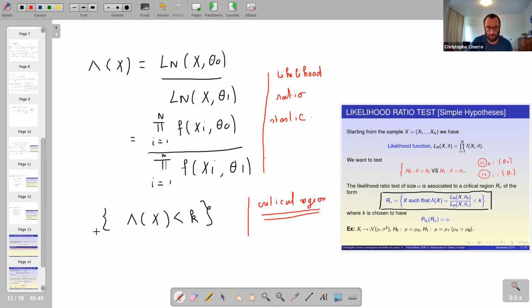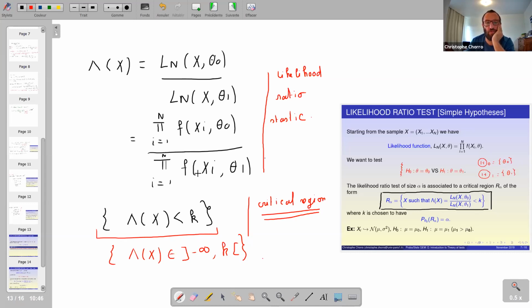That is, I can write it equivalently as the statistic belongs to minus infinity, k. So you have exactly what you need in order to build a test.